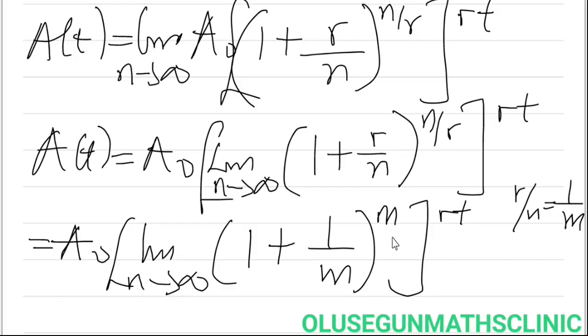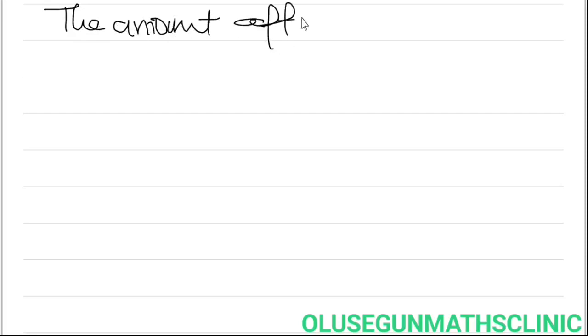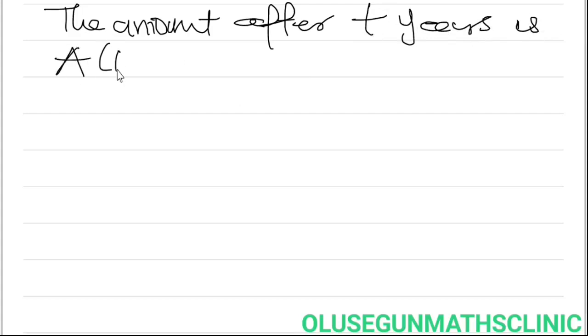So with continuous compounding of interest at interest rate R, the amount after t years is A of t equals A naught exponential RT. This is what we are going to.